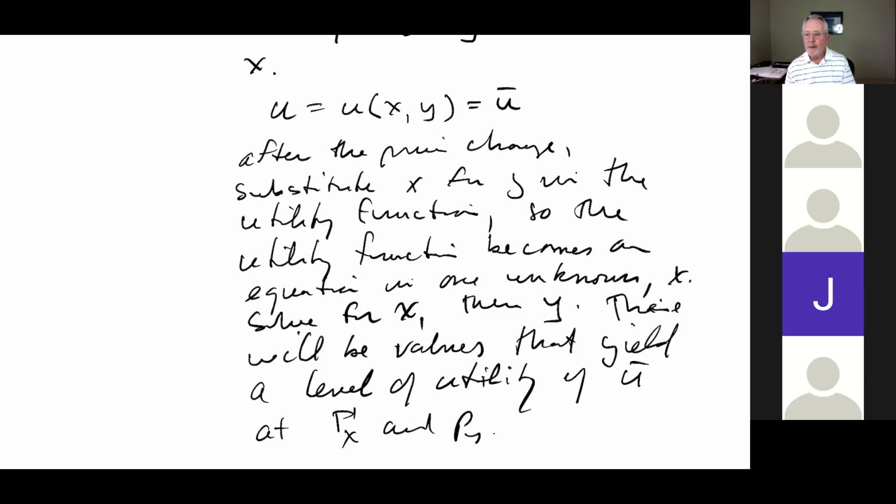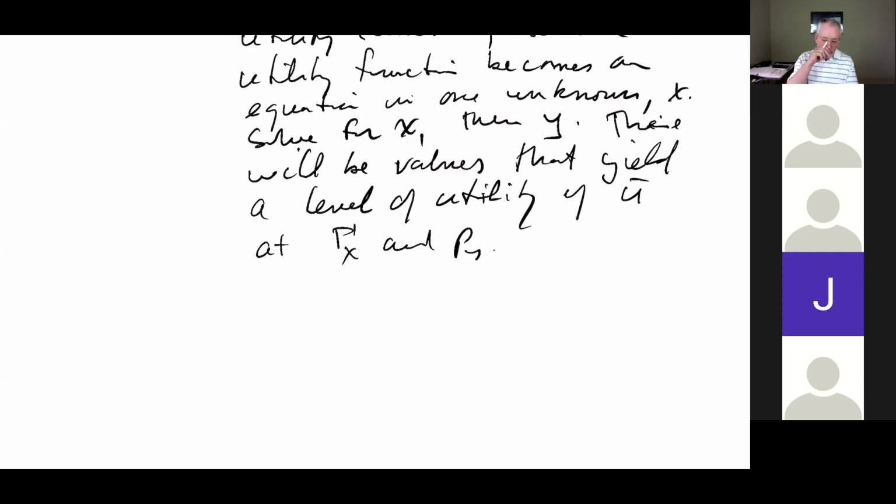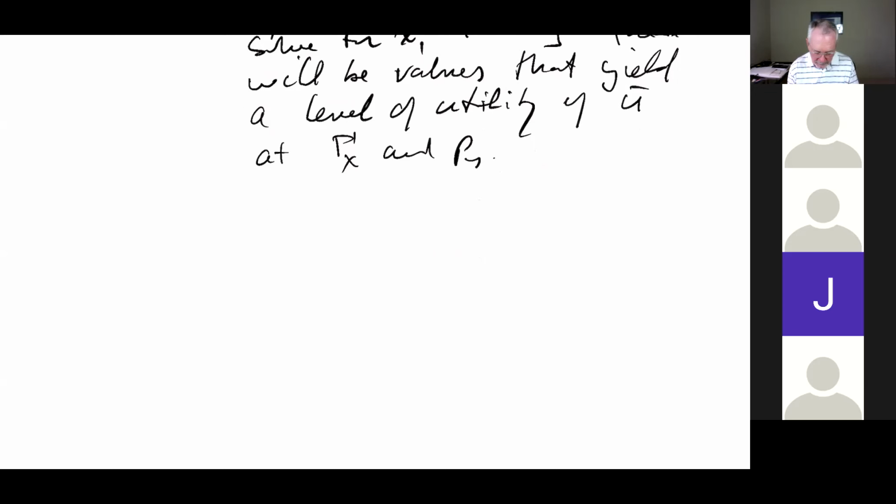All right, so let me just do the example that I did in class, and there are some problems in the chapter that I think are pretty good. Here's my example.